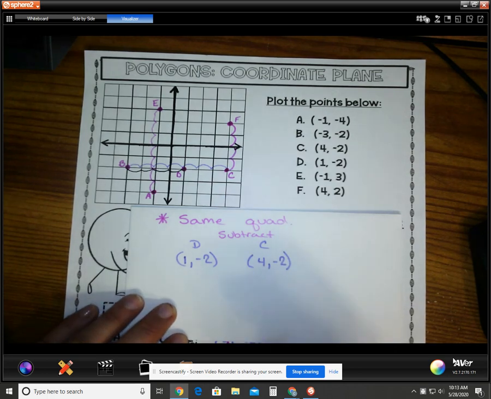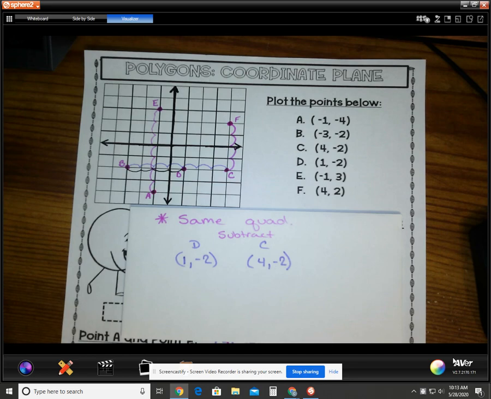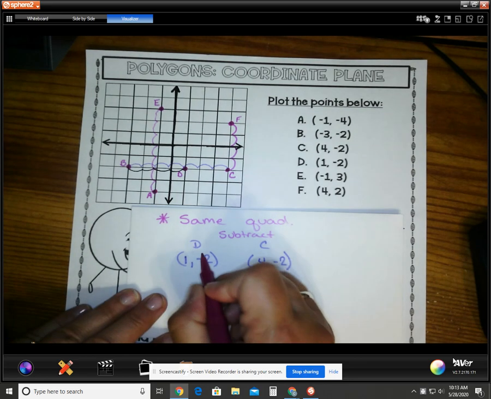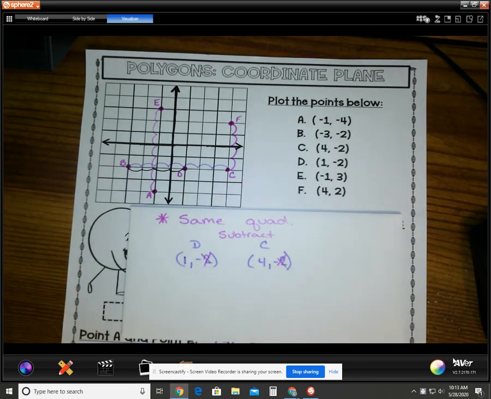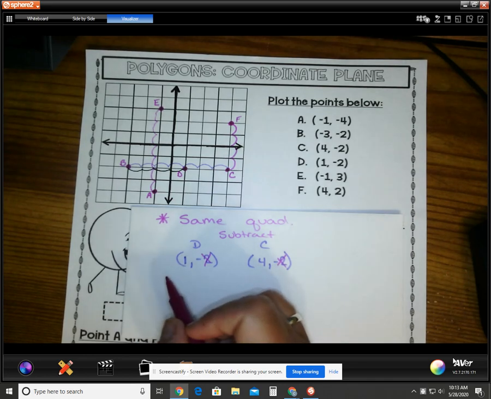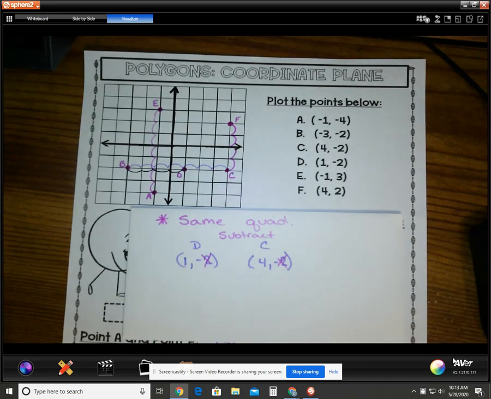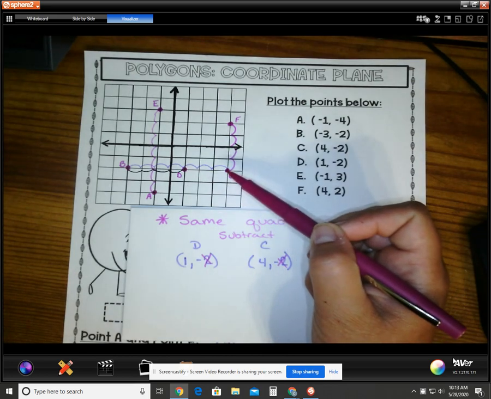Again, I ignore the one that is exactly the same. So -2 and -2, I knock those out. Now I'm left with 1 and 4. Well, if I try the other trick and do their absolute value, the absolute value of 1 is 1 and the absolute value of 4 is 4. So 1 plus 4 is 5. That is not the answer to this question.